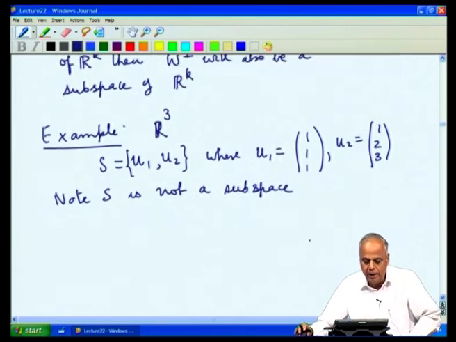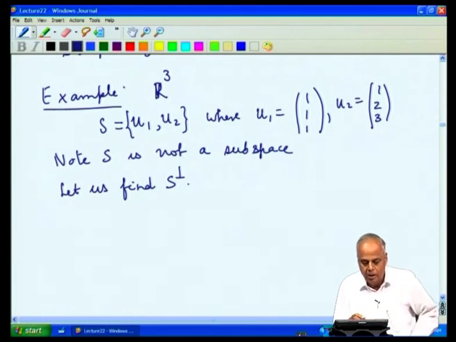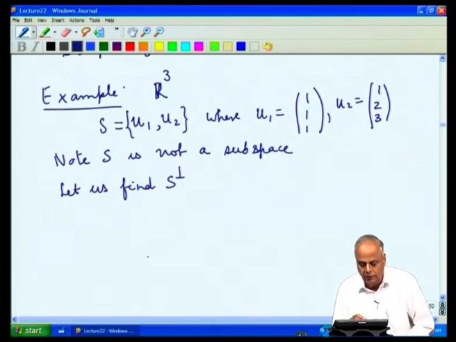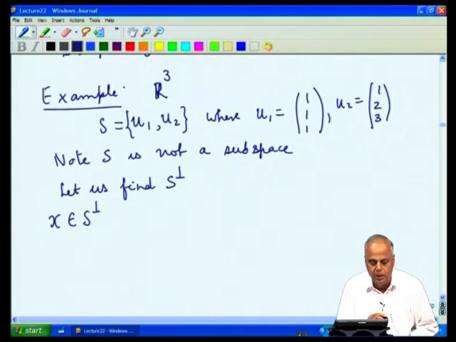Now, let us find S perp. What is S perp? S perp is the collection of all the vectors which are perpendicular to all the vectors in S. So, suppose a vector x belongs to S perp.